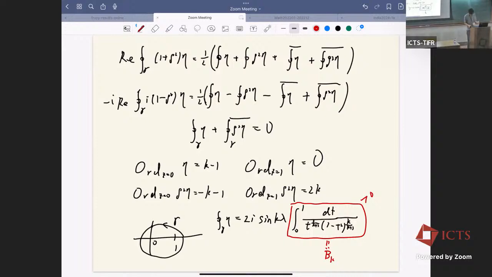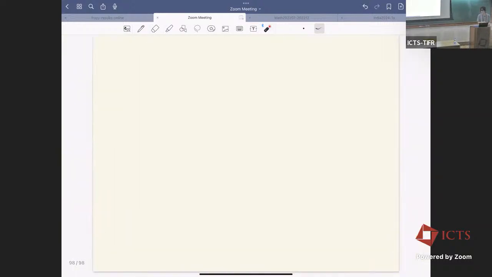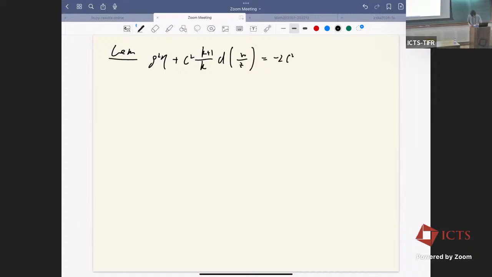And now the problem is this part, because g squared eta has a pole here. But then there is a standard way to avoid this problem. Okay, so lemma: g squared eta plus c times d of something equals minus 2 times something.